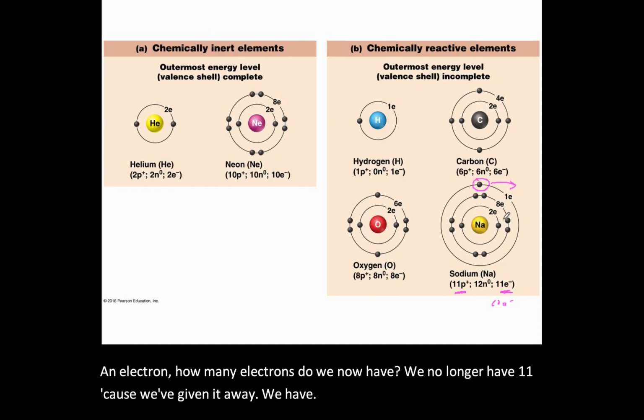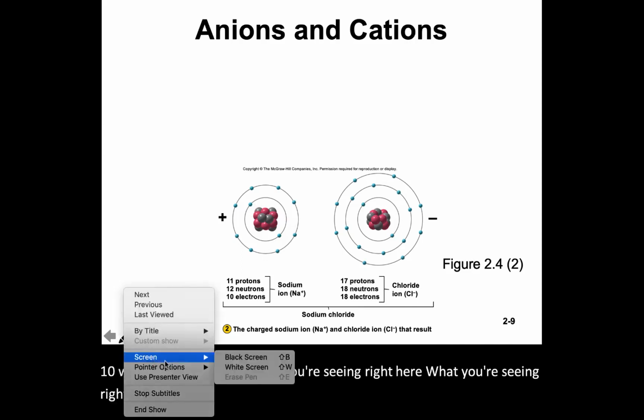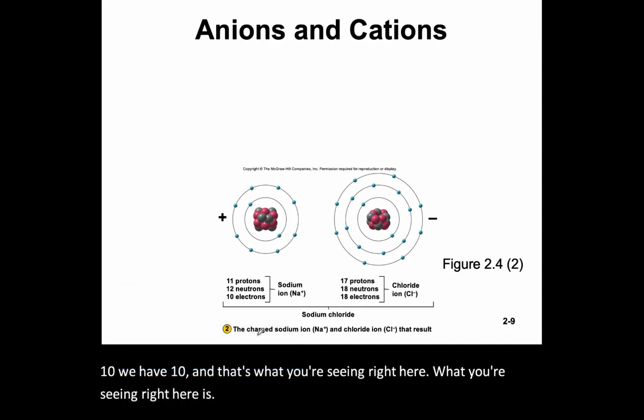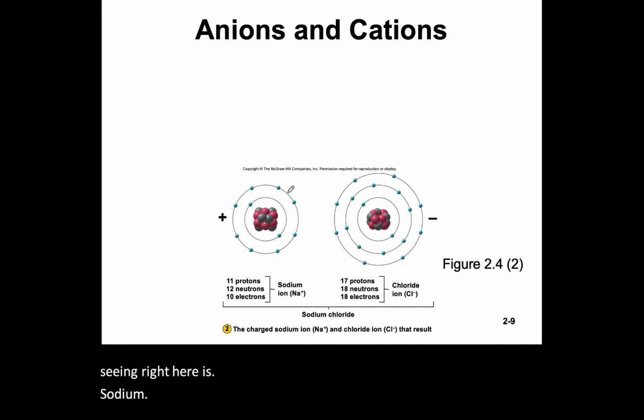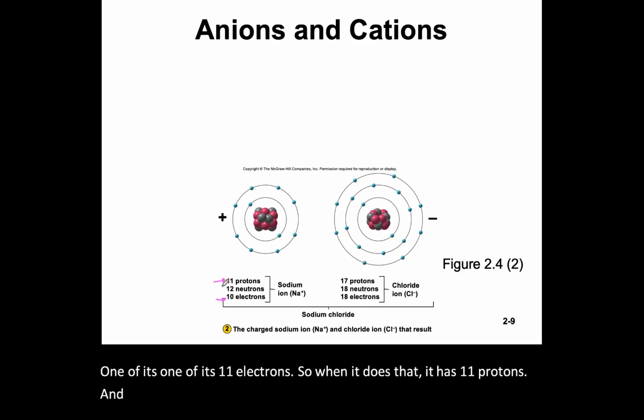And that's what you're seeing right here. Sodium has given up one of its 11 electrons. So when it does that, it has 11 protons and now only 10 electrons.